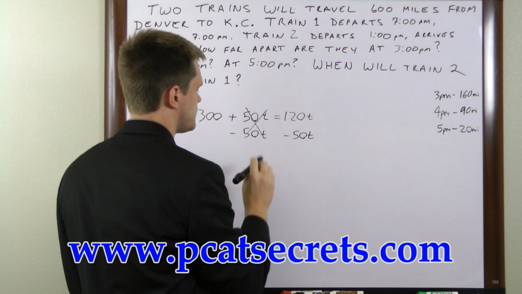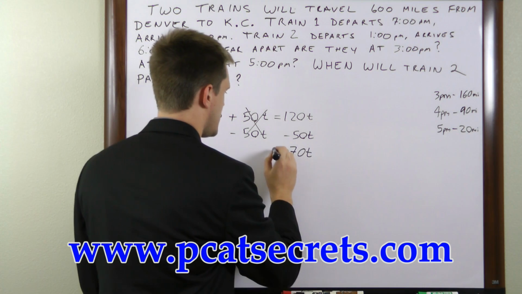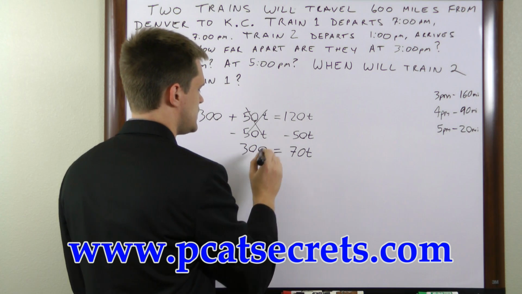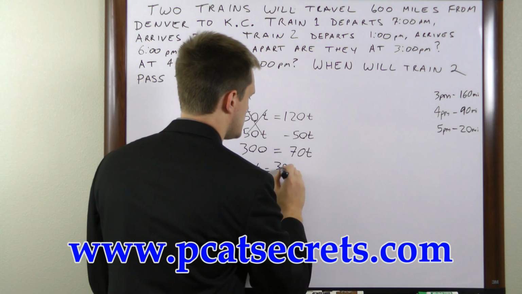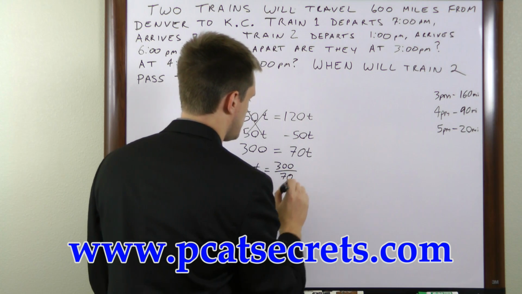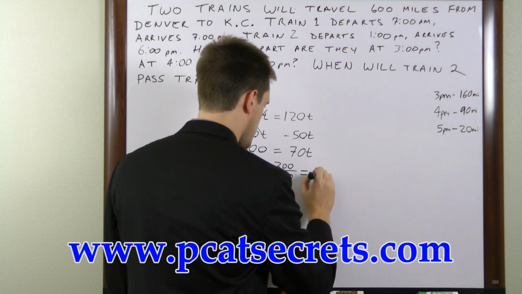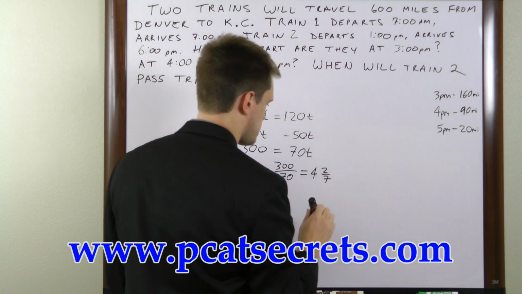That'll eliminate this 50t, and that'll give us 70t on this side. So we can say that 300 equals 70t, or t equals 300 divided by 70, which is the same as 4 and 2/7.